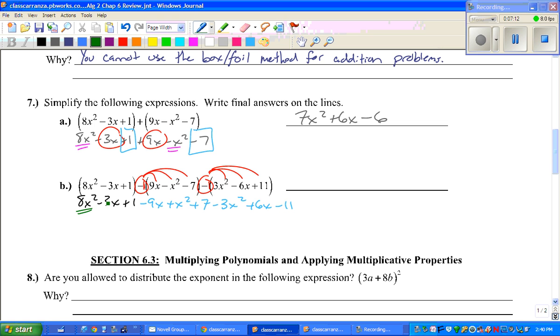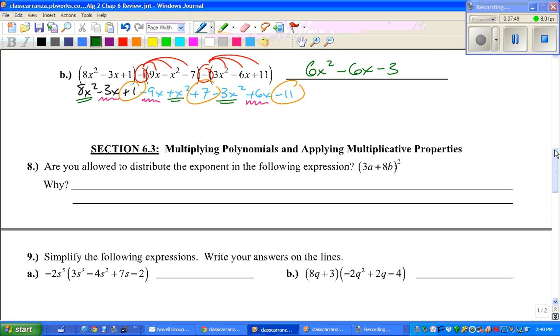Now start finding the things that are the same. 8x squared plus 1x squared minus 3x squared gives us 6x squared. The negative 3x, negative 9, positive 6, when you combine all of those together, you get a minus 6x. And then the 1, the 7, and the 11, when you combine all of those together, you get minus 3.